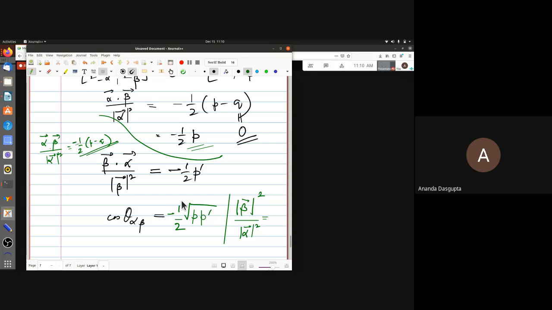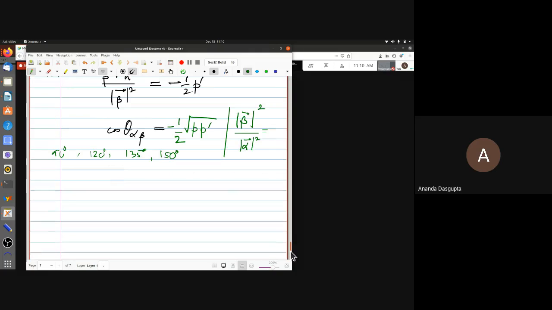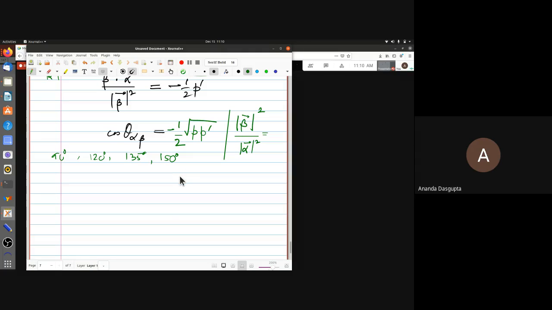But the angle between simple roots can be only 90 degrees, 120 degrees, 135 degrees, and 150 degrees. These are the only possible angles. Got it? So that's a huge amount of simplification already. There are only these possibilities, no other possibilities.